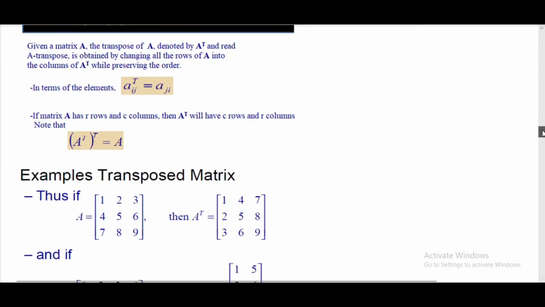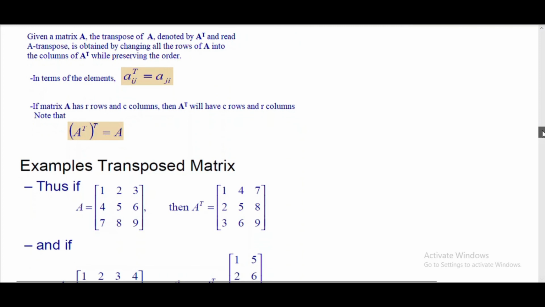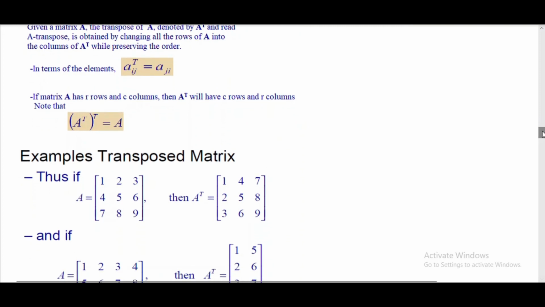In terms of the elements, Aij transpose is equal to Aji. If matrix A has R rows and C columns, then AT will have C rows and R columns. Also, there is a property of the transpose of a matrix: the transpose of A transpose will be A.